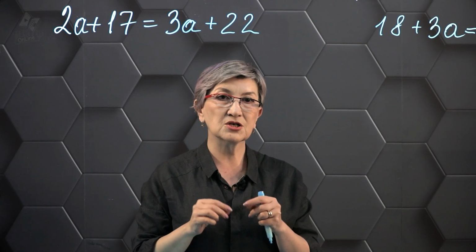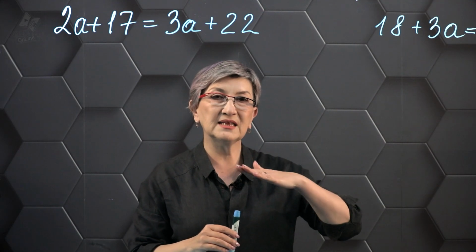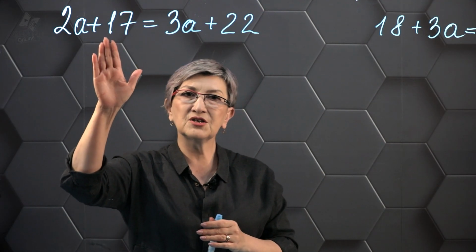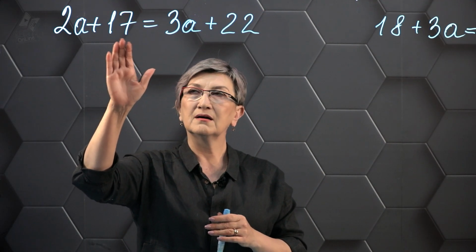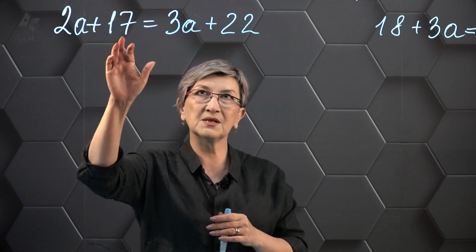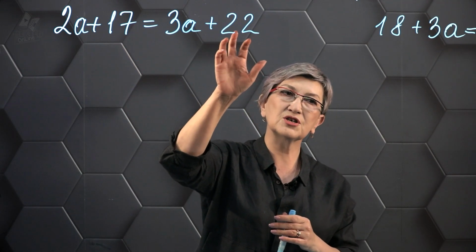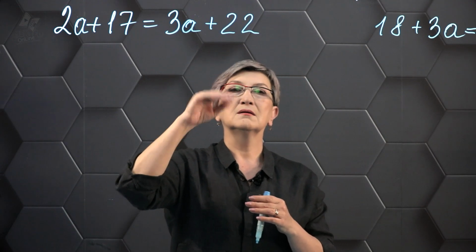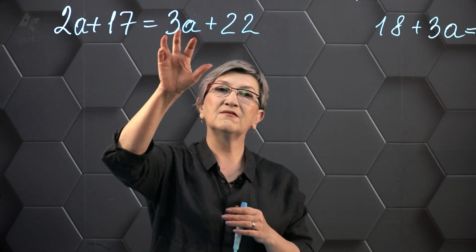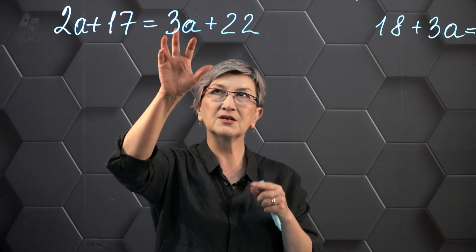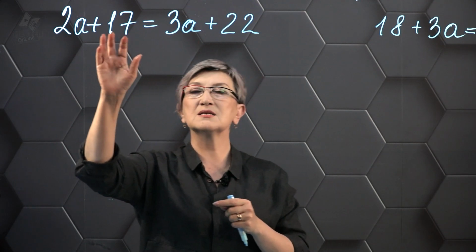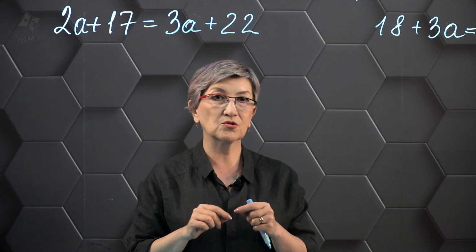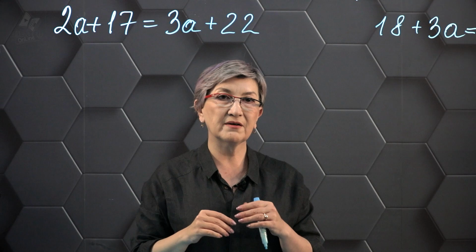Of course, by applying our properties, we can step by step subtract the number 17 from the left side of the equation, and from the right side, and then from the left side subtract 3a, and from the right side subtract 3a, and we get the right answer.